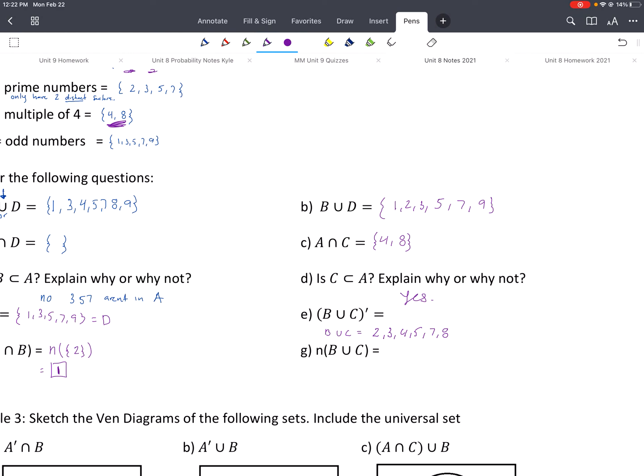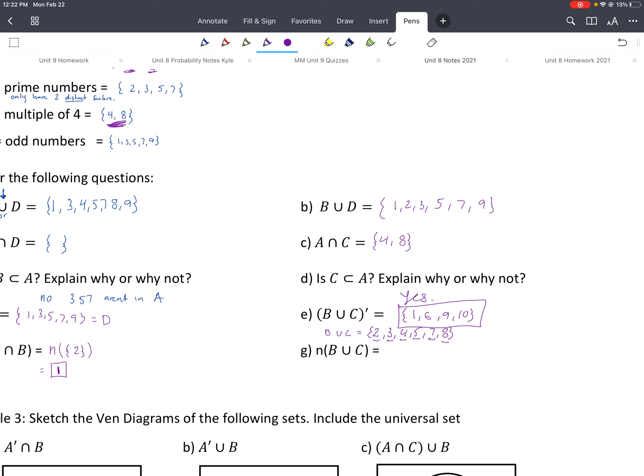We don't have 6, but we do have 7 and 8. So the complement of that would be everything but that. So we should have 1, not 2, 3, 4, or 5, but we'll have 6, not 7 or 8, but we'll have 9 and 10.